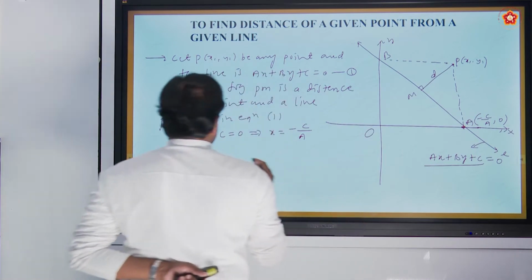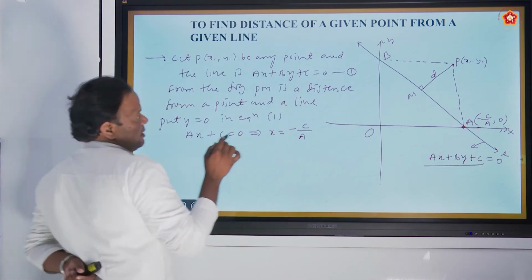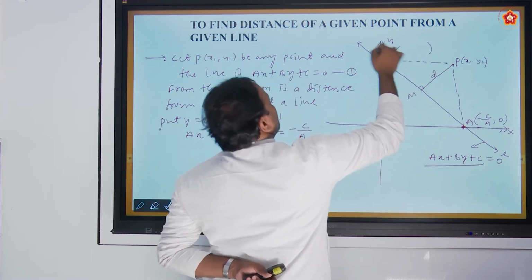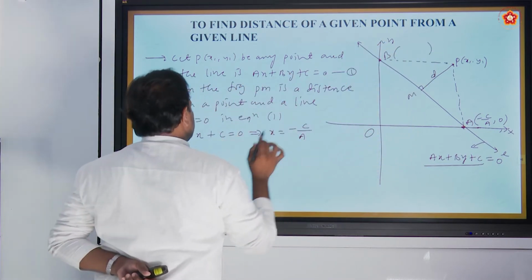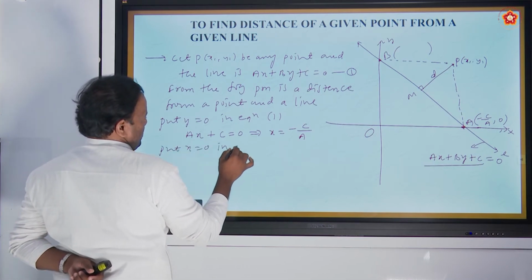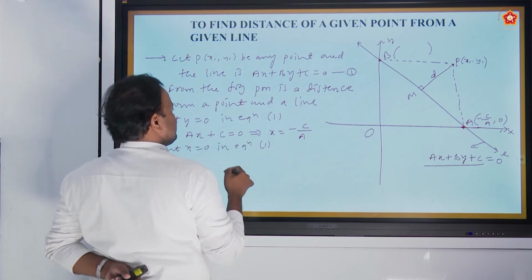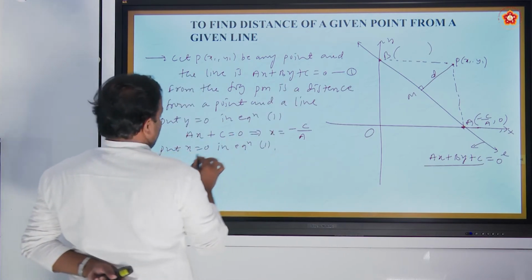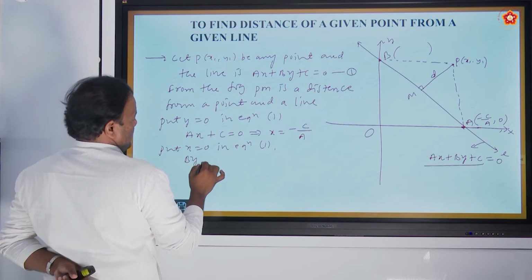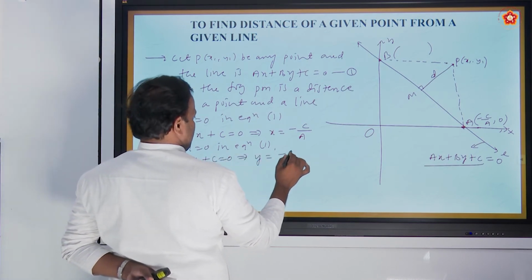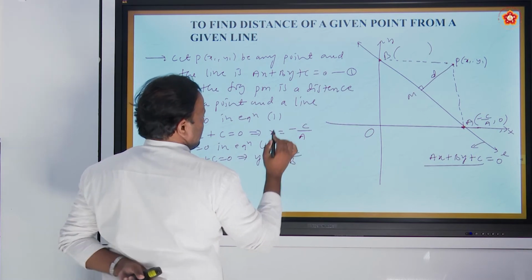Similarly, we need this point B. Put x equal to 0 in equation number 1. What happened? Put x equal to 0, by plus c equal to 0, which implies y is equal to minus c by b.